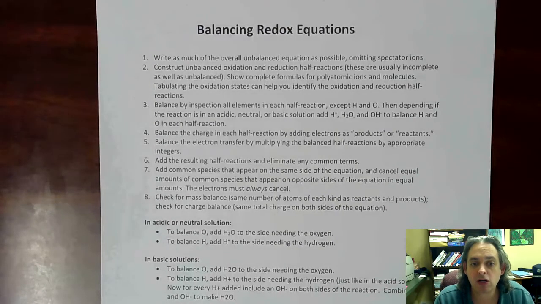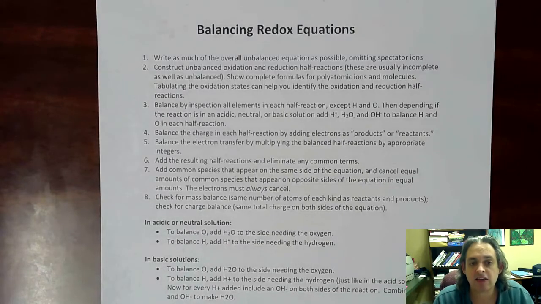Step 4, you're going to balance the charge in each half reaction by adding electrons as products or reactants. Then you're going to balance the electron transfer by multiplying the balanced half reactions by appropriate integers, because we always have to have the electrons balanced out as well.